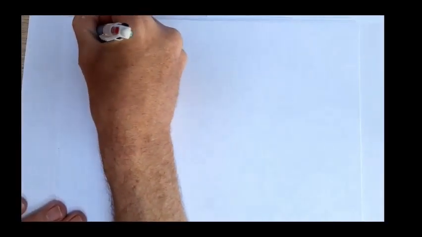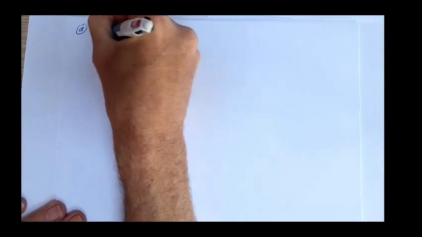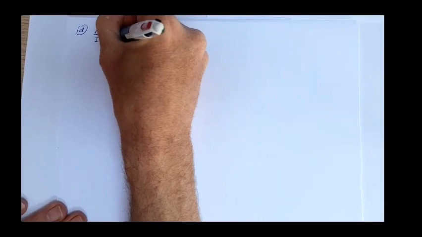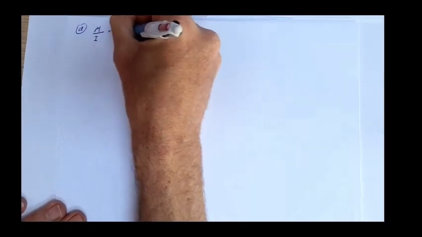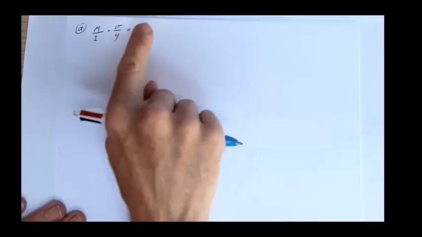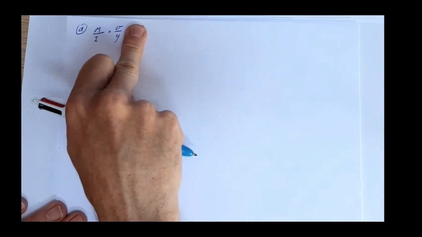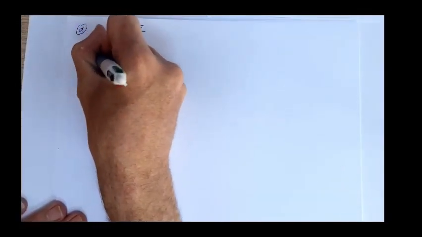We're told from the simple theory of elastic bending, M over I equals sigma over y equals E over R. So we're going to ignore those two terms and just consider M over I equals sigma over y.